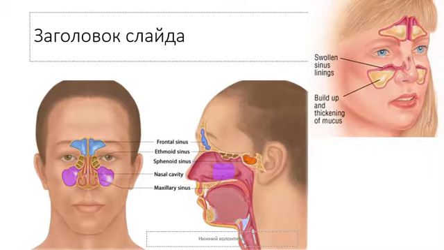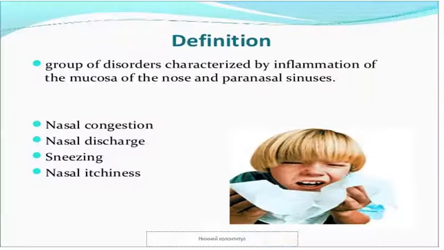If one side is damaged, for example just the left side's frontal, ethmoidal, and maxillary sinus, we call this unilateral. But sometimes just both maxillary sinuses are damaged. We call this bilateral sinusitis.